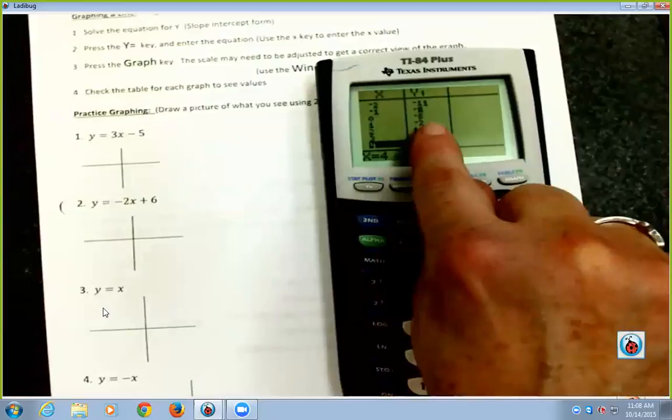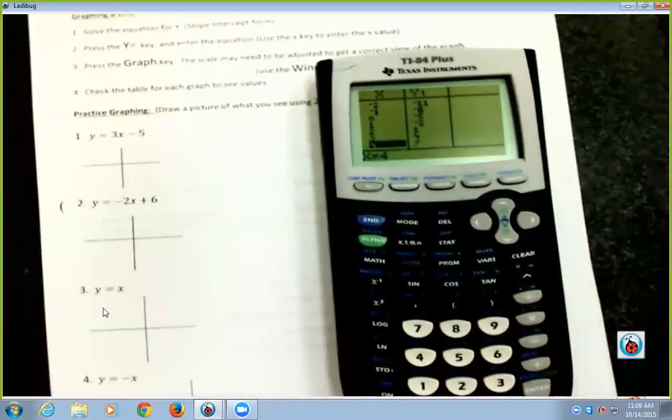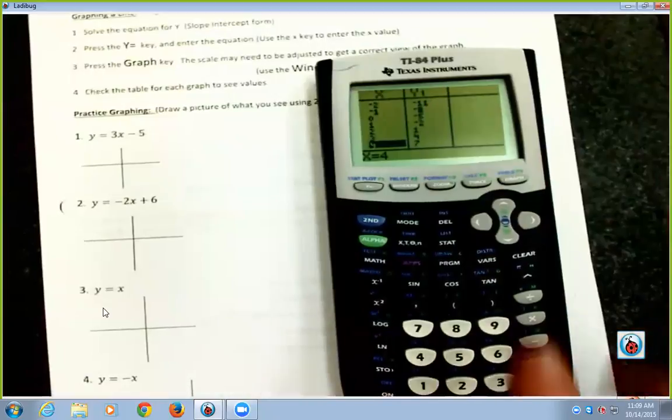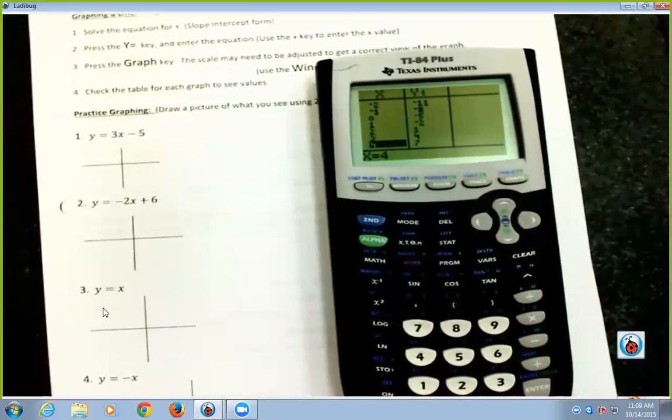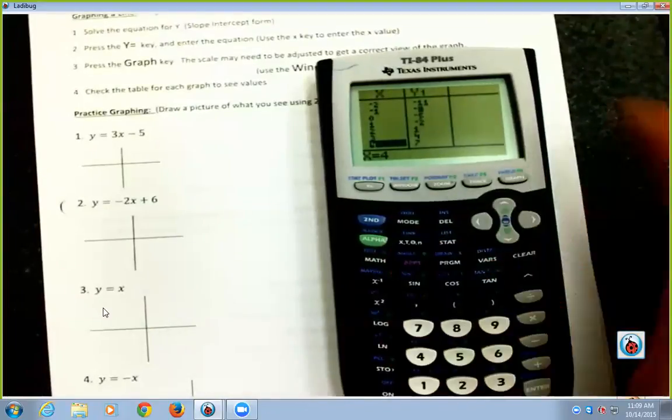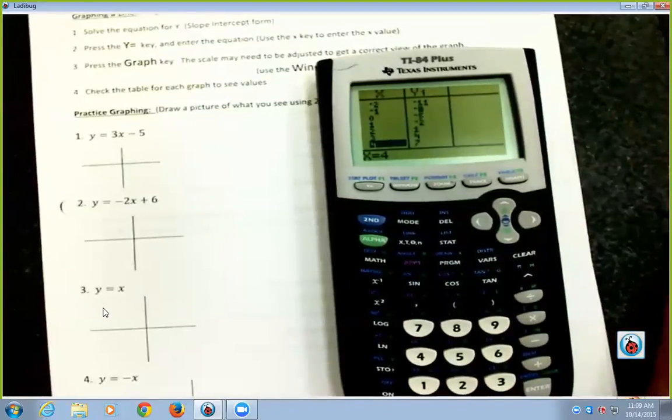Every X is associated with a Y, and so I have points. So in 4.1, if I had my calculator, I could have solved for Y, plugged it into my calculator, hit my table, and boom, there's my points. But again, I think it's understanding what your graph is doing that makes a big difference, so you want to make sure you end up finding out what your graph looks like. We good on that part?